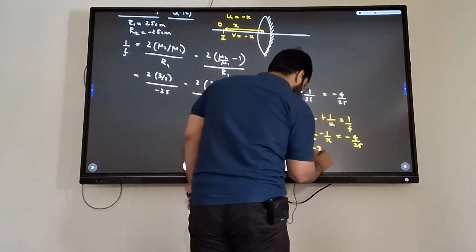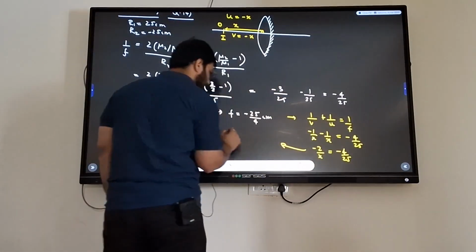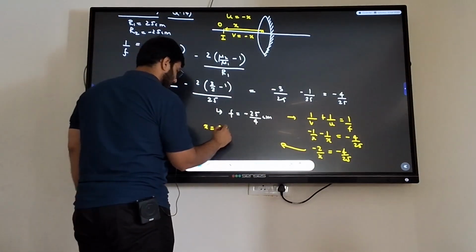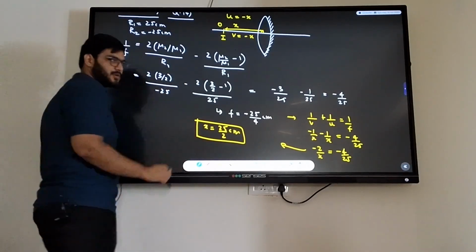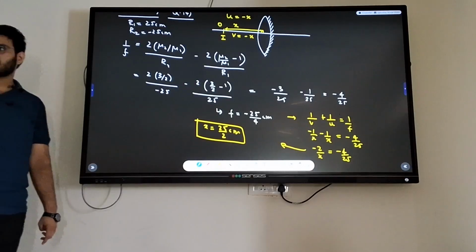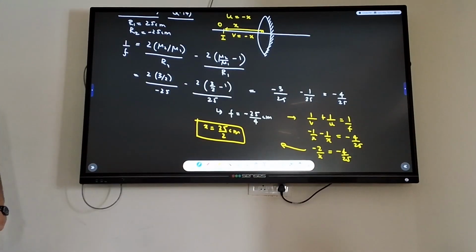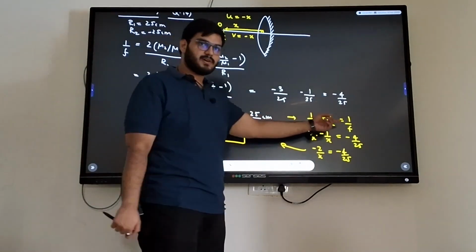This will be minus 2 by x equals minus 4 by 25. Then what is x? That's 12.5. Fairly simple. Do you understand? Great. You have to apply this 1 by v plus 1 by u formula.